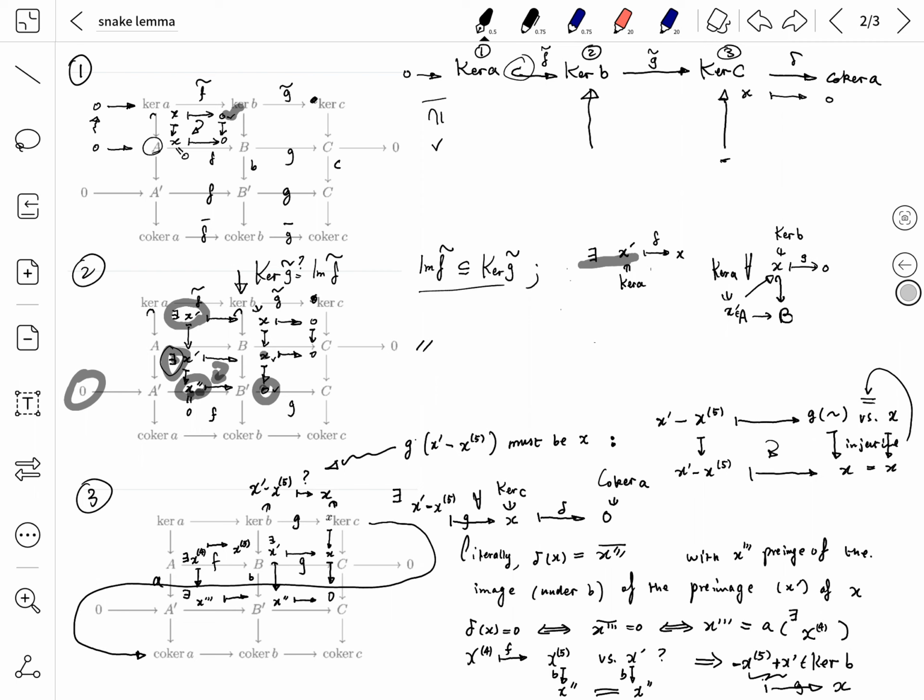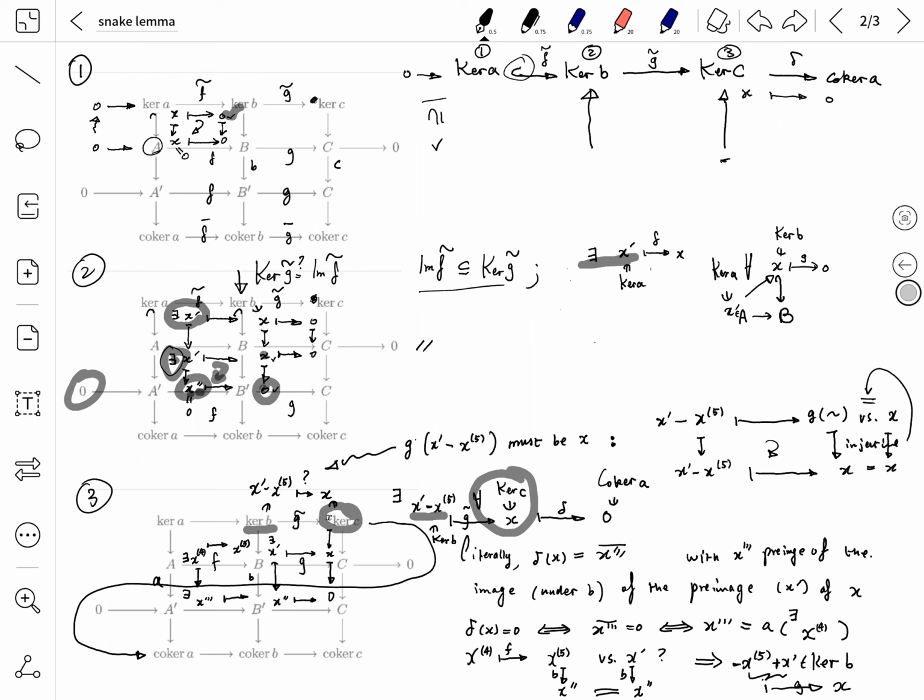You start with any element in kernel C, and you have to find an element in kernel B such that it is mapped to this arbitrarily chosen x under G prime.